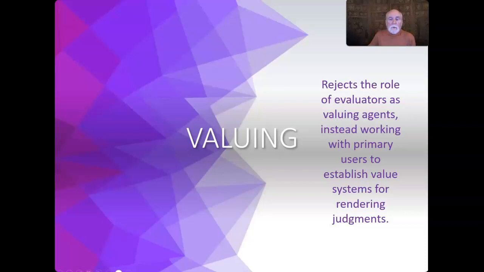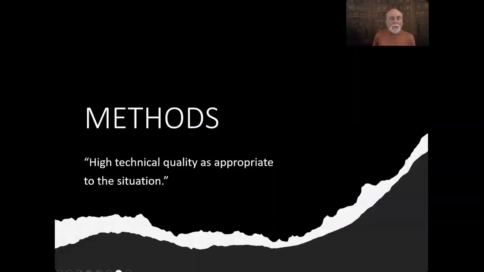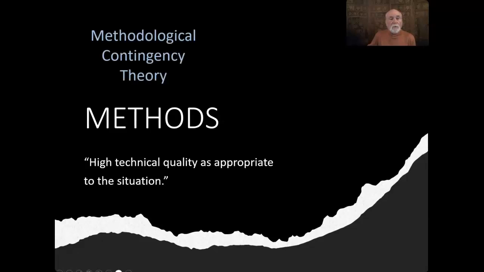that is also supported by having high technical quality as appropriate to the situation on the methods branch, which I would call a methodological contingency theory. Indeed, that's the same kind of methodological approach, with flexibility and contextual appropriateness, that we saw in Eleanor Chelimsky's work at a national level.